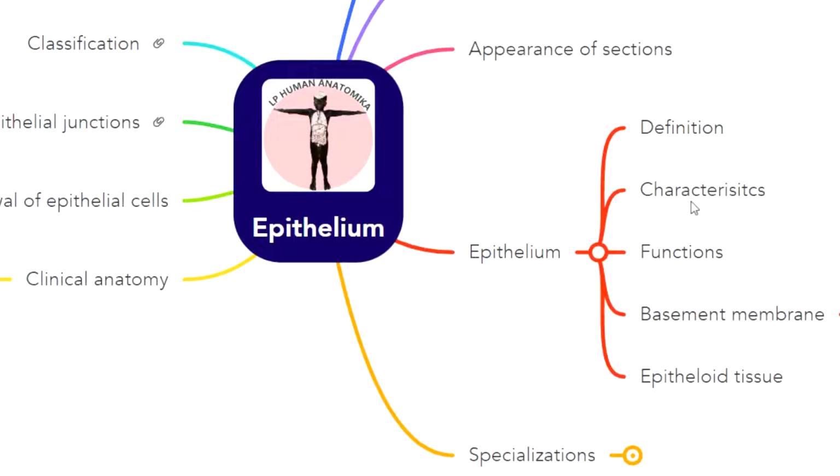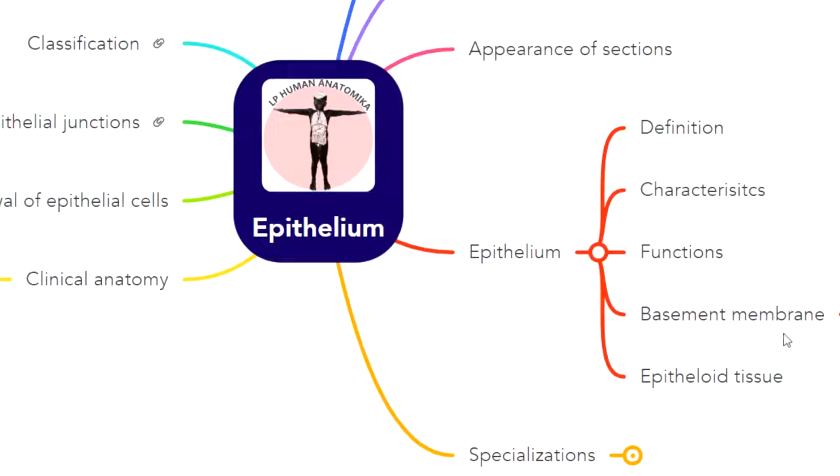Then we have seen how the cells act in replacing the damaged cells during repair. Coming to the functions, epithelium acts as a barrier, permitting only certain substances. It helps in absorption, secretion, excretion, lubrication and sensory perception.